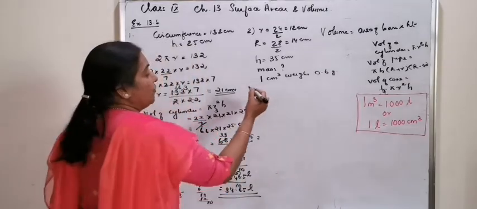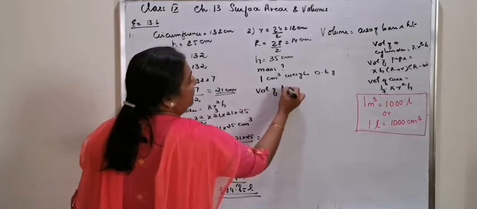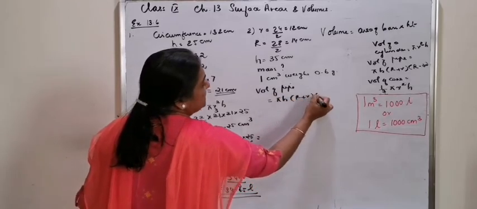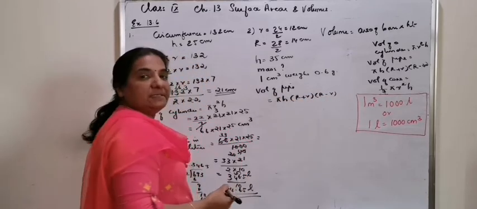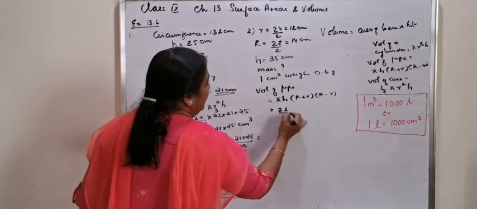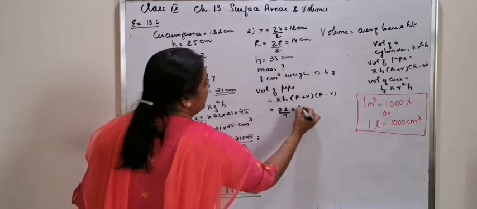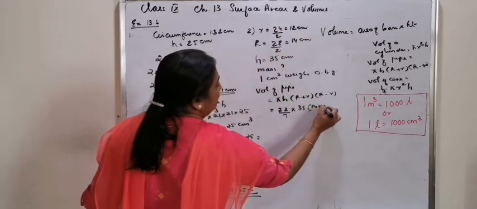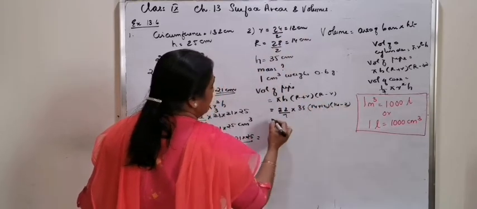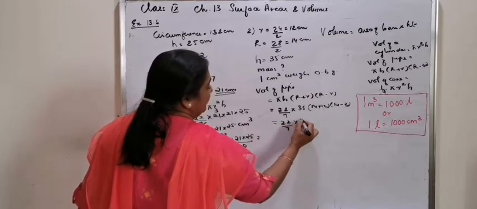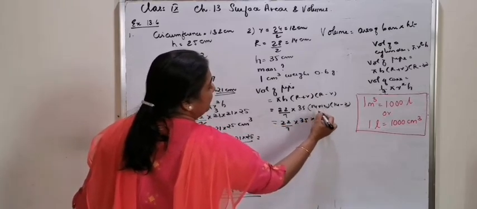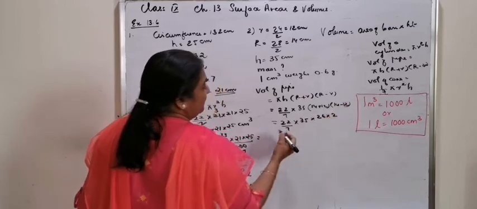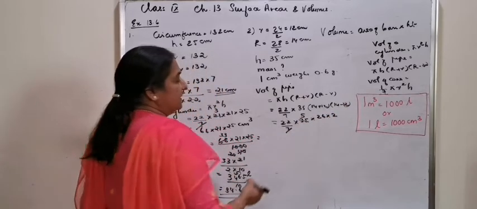What is the formula for volume of pipe? Volume of pipe is equal to pi h into R plus r into R minus r, which is equal to 22 by 7. Height is 35. Capital R 14, r 12, so 14 plus 12 into 14 minus 12. 22 by 7 into 35 into 26 into 2. 7 5s are 35.